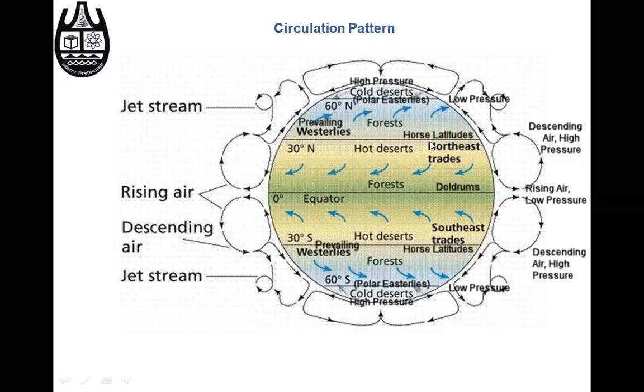where the wind moves from right to left. And in between these two, if you see the land pattern after the 0 degree, this is our tropical or maybe subtropical region, where we have maximum heat and maximum precipitation.